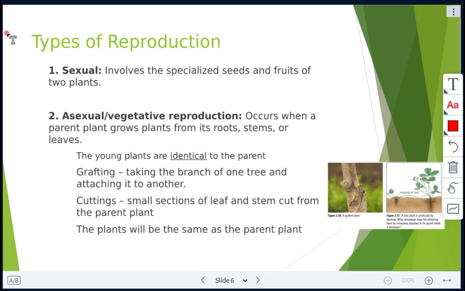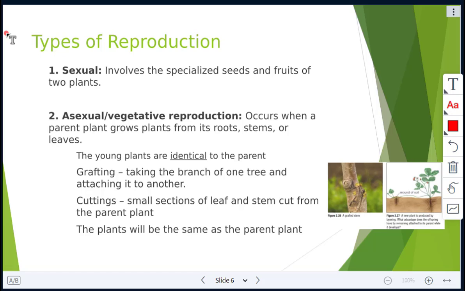All right, next we're going to look at types of reproduction. 2 types. First type is sexual reproduction. This involves specialized seeds and fruits of 2 plants. So it will require male and female gametes.